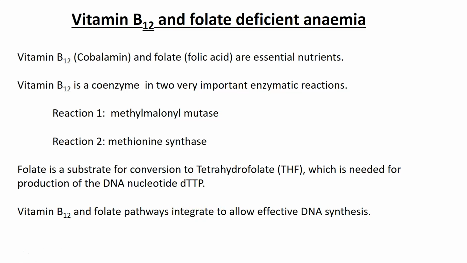So if you have a deficiency of thymines, you simply can't produce DNA at the right rate, because your DNA, as it's being synthesized, is looking for a T, for a thymine to be added, and it can't find it because there's simply not enough floating around. So DNA synthesis slows down.